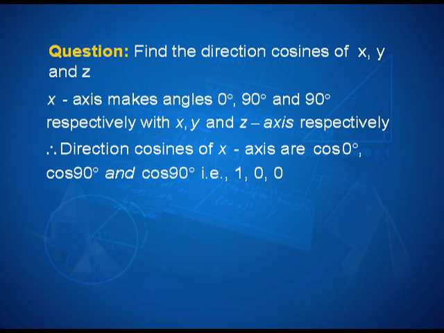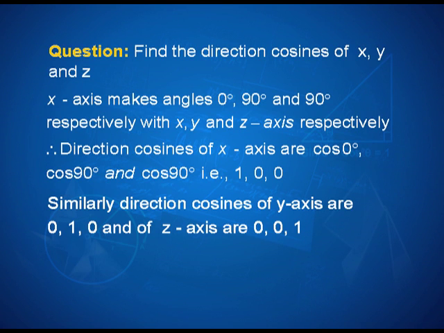That is 1, 0 and 0 are the direction cosines of x axis. Similarly, you can talk about the direction cosines of y axis which are 0, 1 and 0 and z axis 0, 0 and 1. Now, these quantities will play an important role in our future discussion. So, do keep this little result in mind.